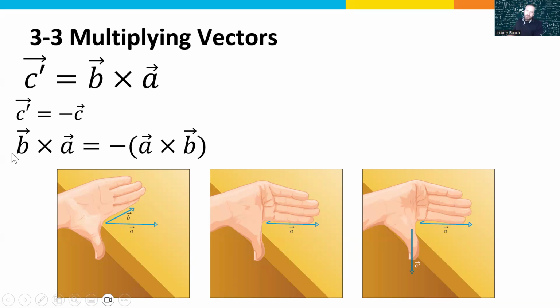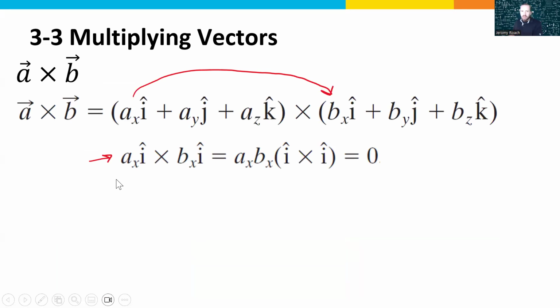And then also vector B cross vector A is the negative quantity of vector A cross vector B. All right, so when we multiply these vectors out in unit vector notation, when we multiply them with the cross products, it's a little bit different. So this time we do use the distributive property. And when we distribute this, what happens is when we get an I hat cross I hat, that equals 0.